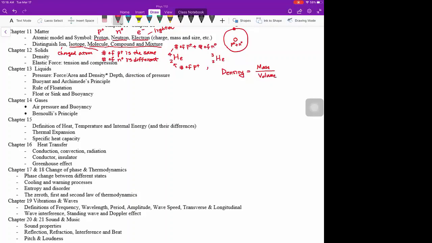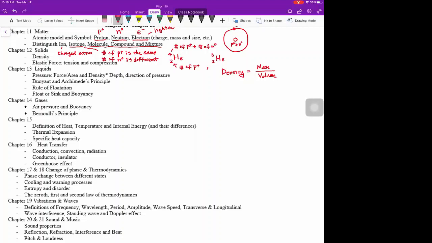It's proportional to the mass. So if you have a fixed volume and more mass, it's more dense. If it's a larger volume with the same amount of mass, that means it's less dense. So it's inversely proportional to the volume, but proportional to the mass.